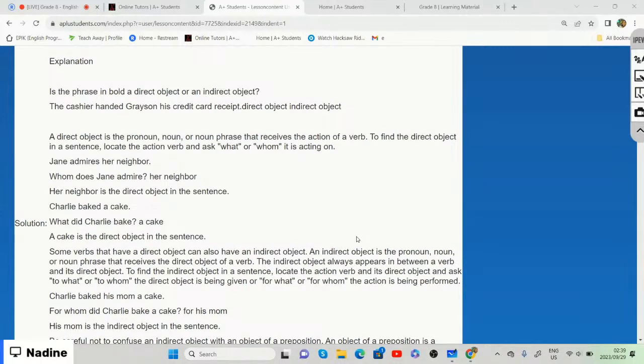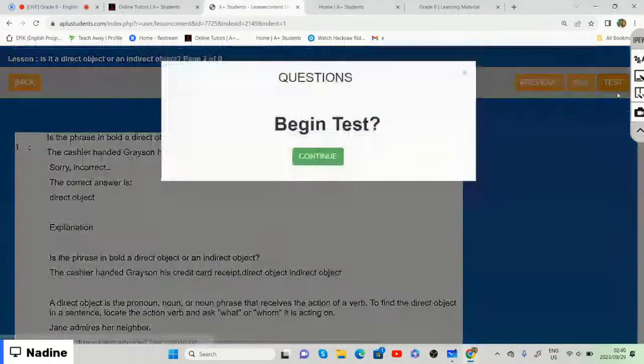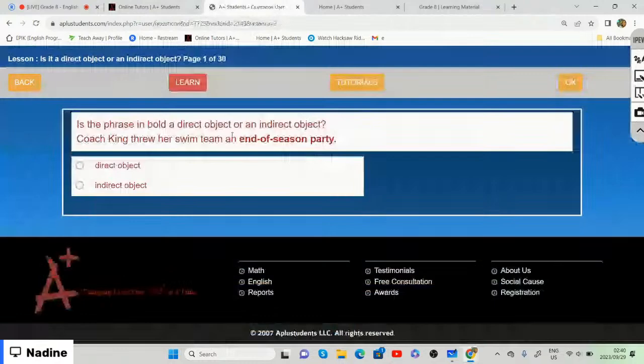All right, so now we're going to begin our test. Is the phrase in bold a direct object or an indirect object? Coach King threw her swim team an end of season party. Is that a direct object or an indirect object?